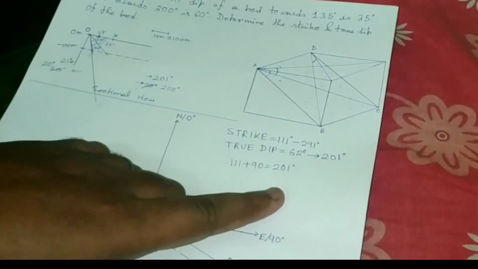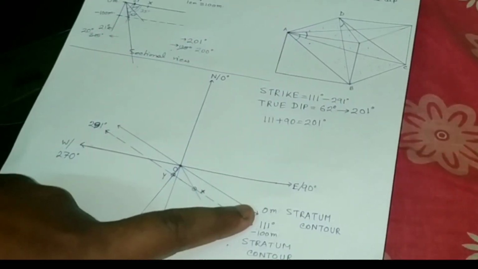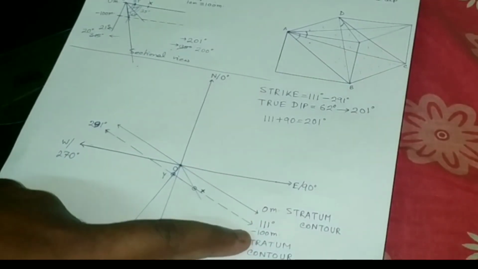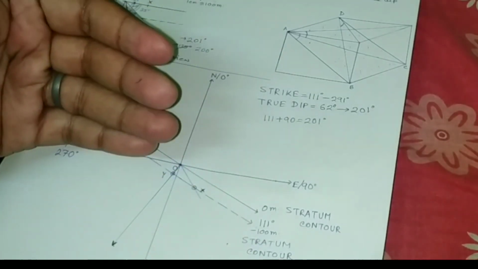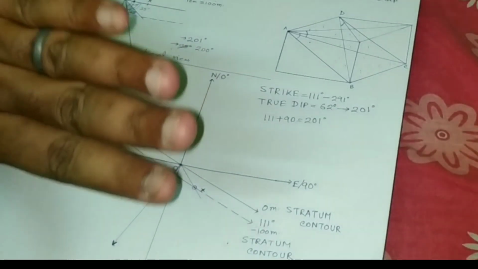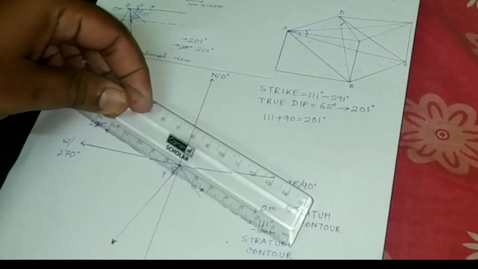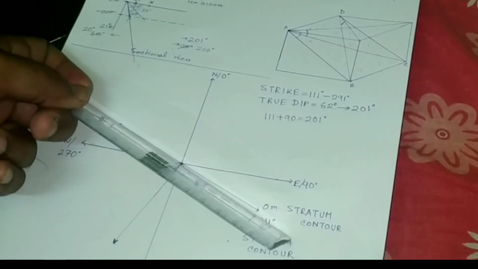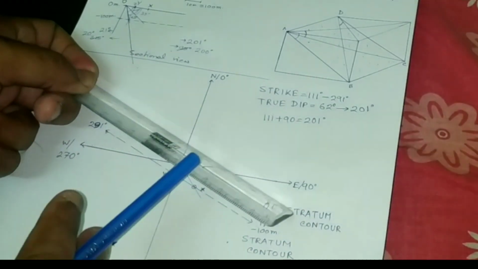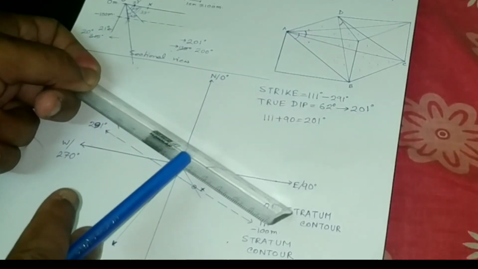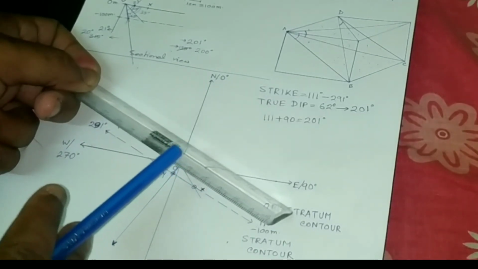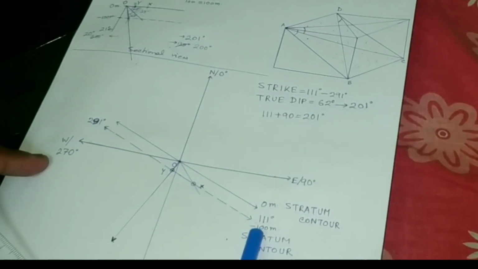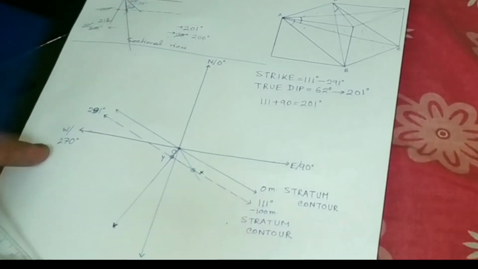Why is it not 21 degree? Because the 0 meter stratum contour is here and the minus 100 meter stratum contour is at the southern side. So the bed is dipping like this, not like this. If the true dip was towards 21 degree or northeasterly, then we would have created this minus 100 meter stratum contour on the northern side.